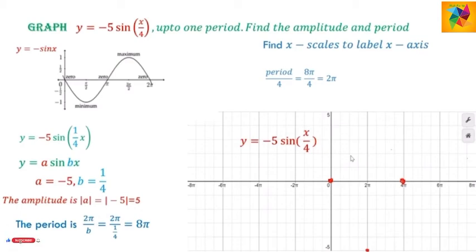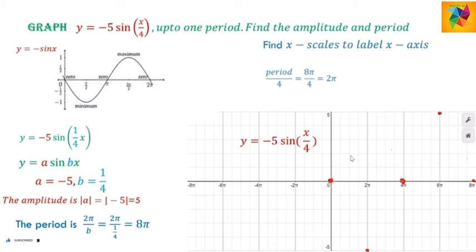Our maximum is really 5. And then it goes down to the midline, or x-axis. Now go ahead, I give you a minute to graph it.